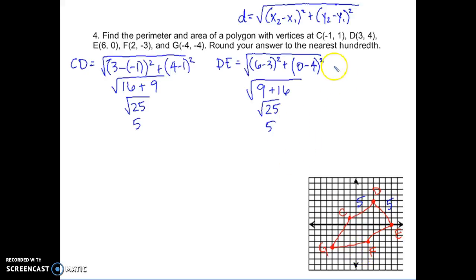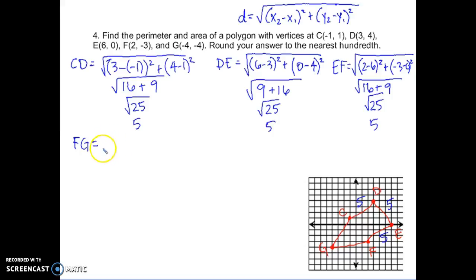Then I have EF. I've got the square root of 2 minus 6 squared plus -3 minus 0 squared. 2 minus 6 is -4, squared is 16. -3 minus 0 is -3, squared is 9. So once again, I end up with a distance of 5. Then I've got to do FG.